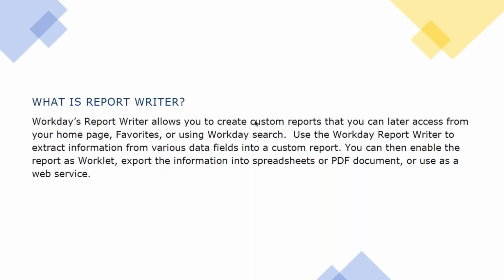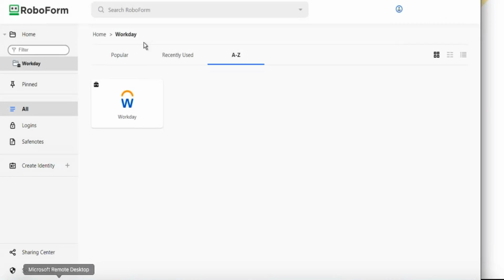So when we are talking about access, let me help you understand how access is given to the report. Let me get into the tenant and show you how exactly security works for reports.